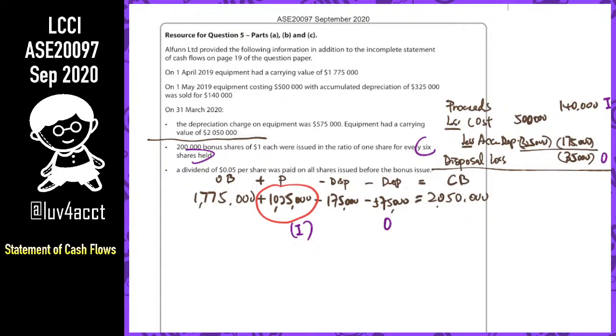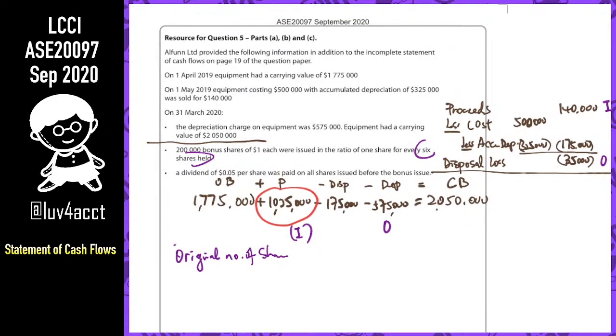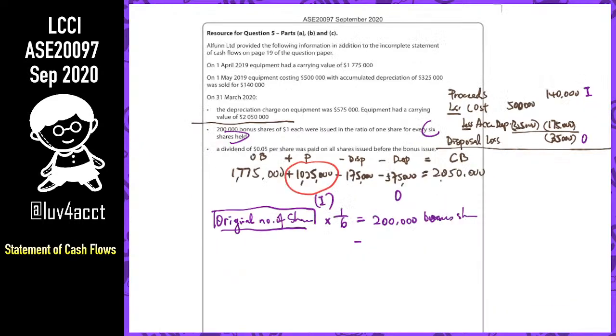Okay, so the original number of shares, we do not know, this is an unknown for you. Okay, and then multiply by 1/6 because 6 shares for 1 bonus share. Okay, and then we have 200,000 bonus shares. Okay, again, it is a simple equation. That means we use 200,000 times 6, which is 1,200,000.